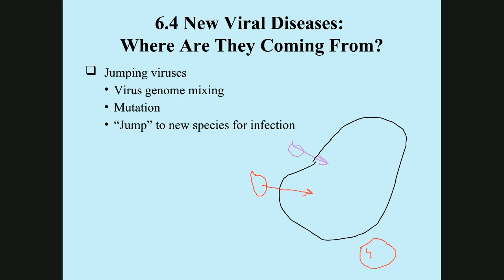Okay? And so you will have then maybe a virus that didn't have an envelope before now has an envelope, which can mean that it's more protected than it was before.